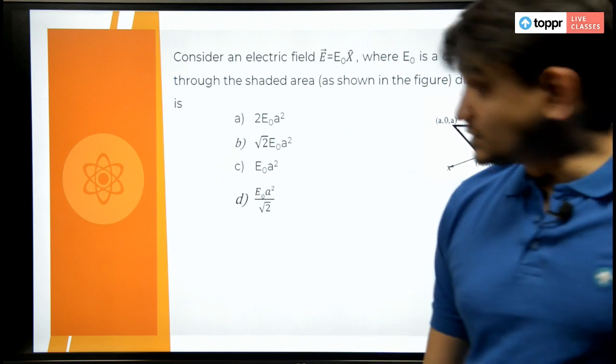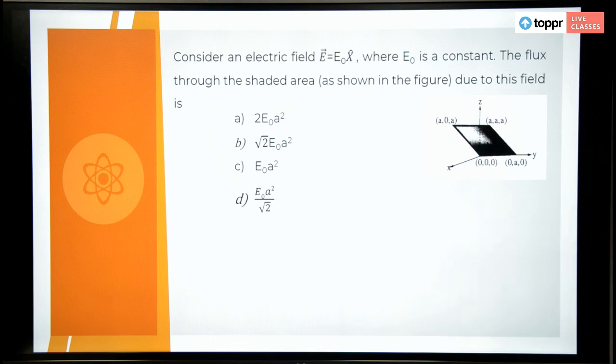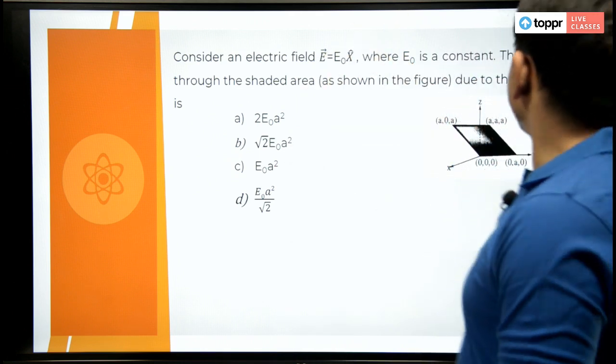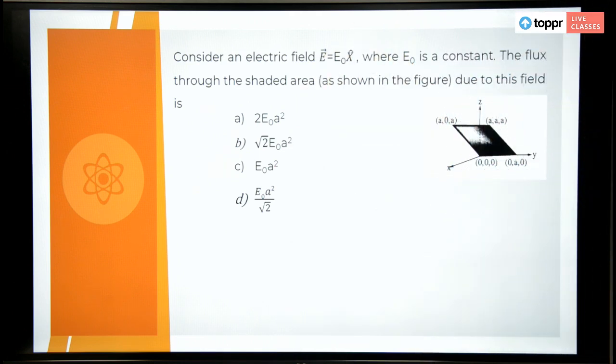Let us read it together. Consider an electric field E vector equals E naught x, that we call the unit vector here, where E naught is a constant. The flux through the shaded area due to this field is.